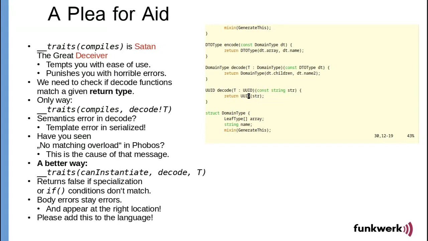And as far as I can tell, I'm not very involved in the compiler, but I cannot imagine that this would be overwhelmingly hard to add. And there would be an enormous amount of value, not just for Serialized, but even for every single template where you could pass a lambda in standard algorithm, where currently you have to be very involved with the language in order to figure out what went wrong if you did something wrong, or even how to figure this out.